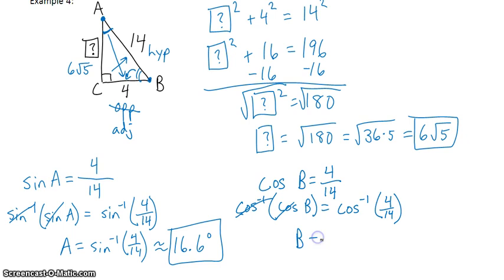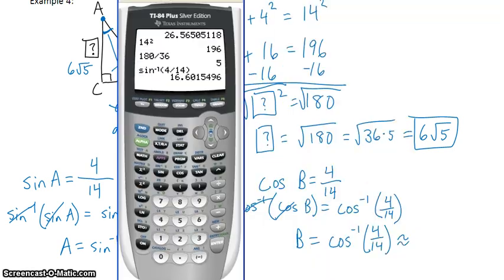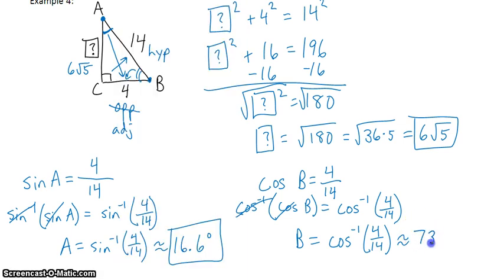I'm left with B equals the cosine inverse of 4 over 14, which I can approximate using my calculator. Rounding to one decimal place, 73.4 degrees.